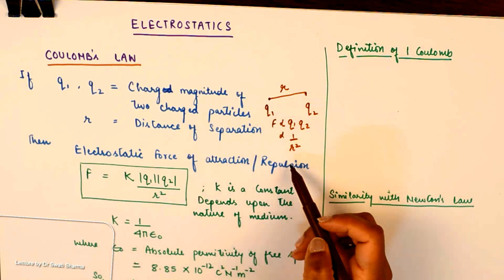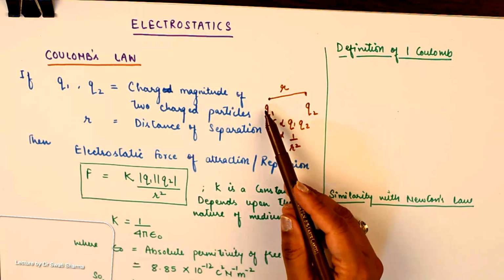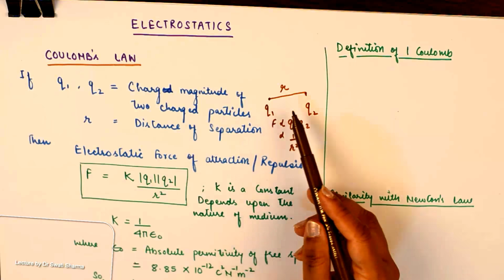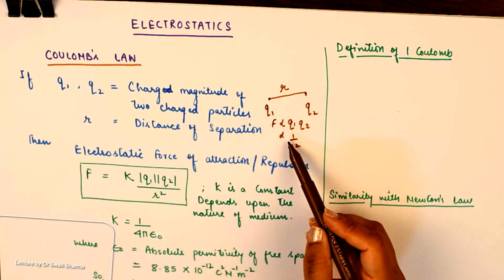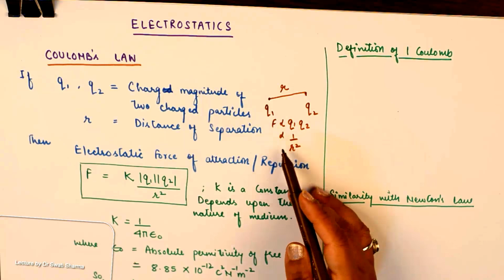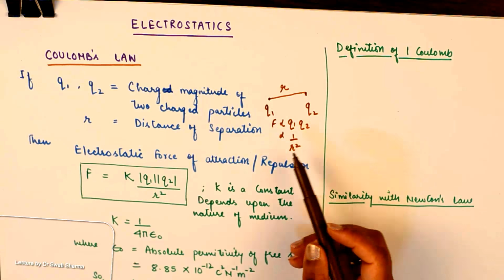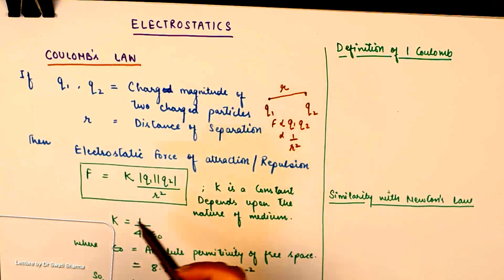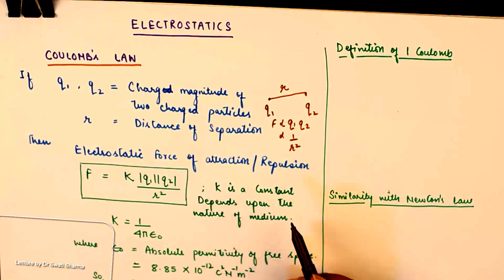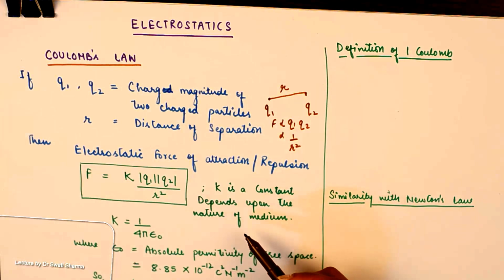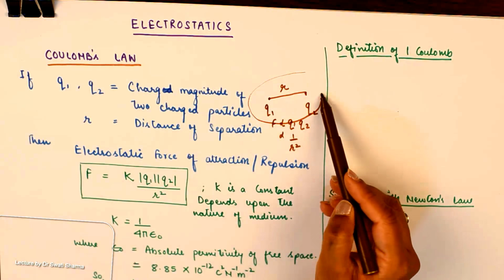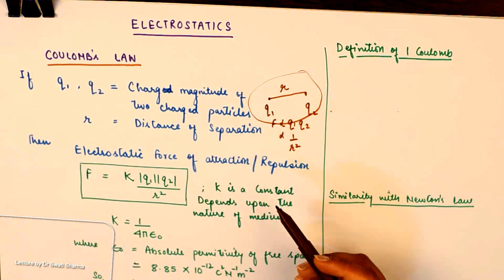Combining, we can say that the force of attraction or repulsion between the charges Q1 and Q2 is directly proportional to Q1 Q2 upon r square. When we remove the sign of proportionality, we introduce a constant K. This constant K depends upon the nature of the medium in which the two charges Q1 and Q2 are placed.